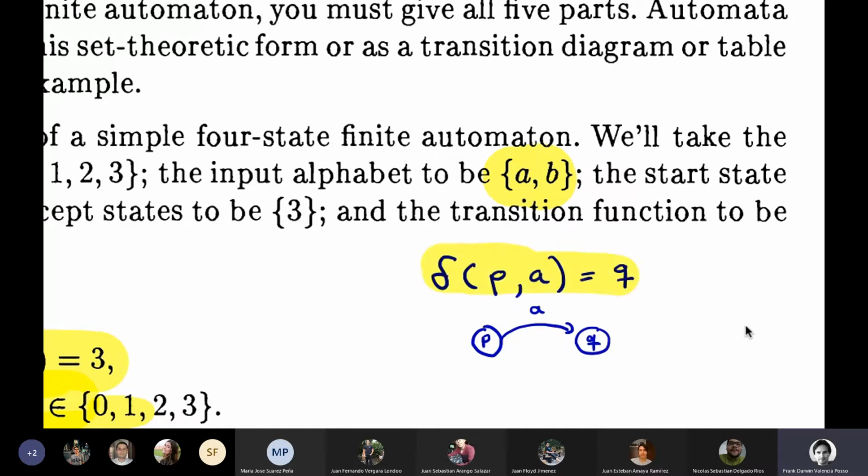It tells me, given a state and a symbol, the next state.